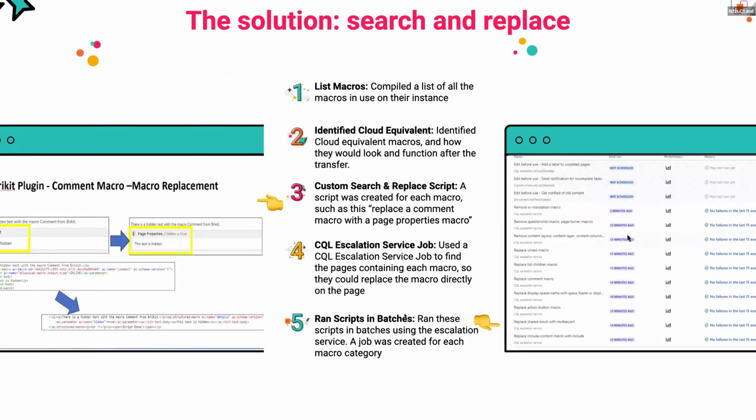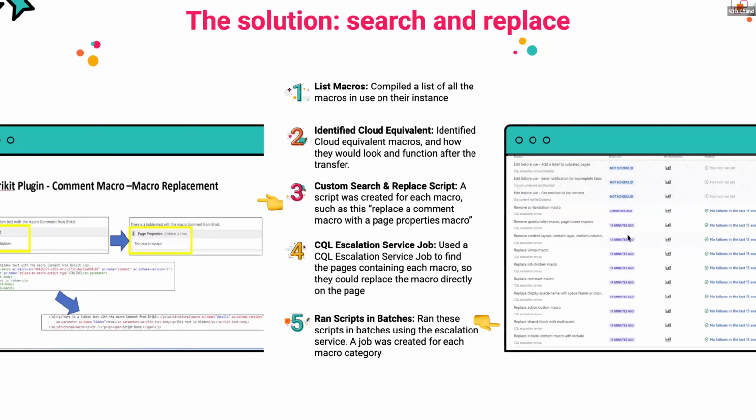So the first step for Smartmatic was to compile a list of all the macros in use on their Confluence server instance. Then they took each macro and researched whether there was a cloud equivalent or how they would look and function after the transfer.